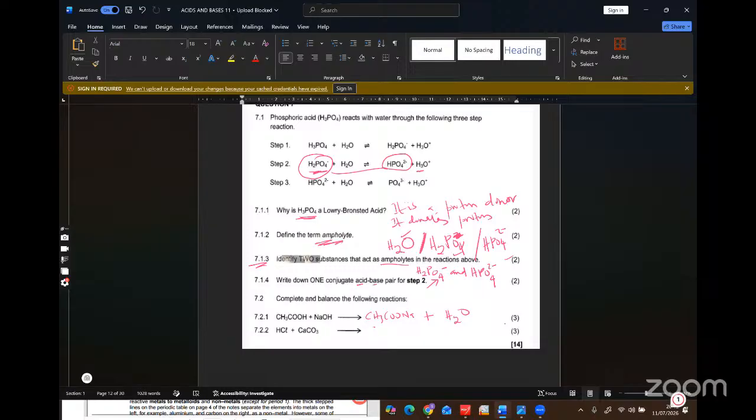You're going to have calcium chloride plus water plus carbon dioxide. Remember, acids react with carbonates to give you a salt, water, and carbon dioxide.